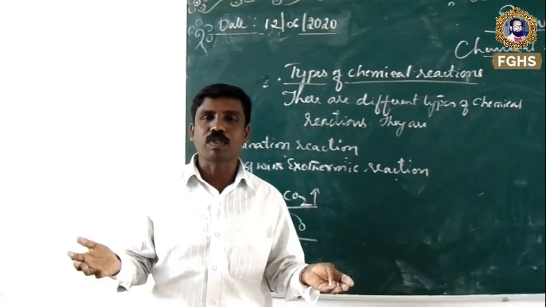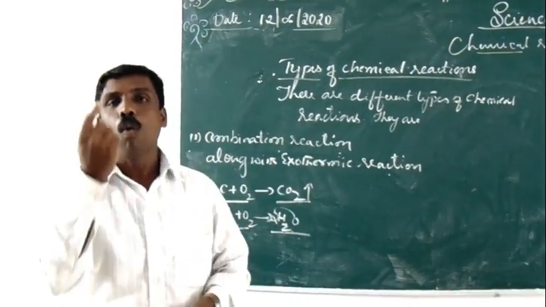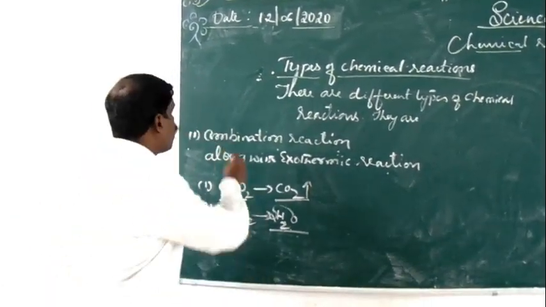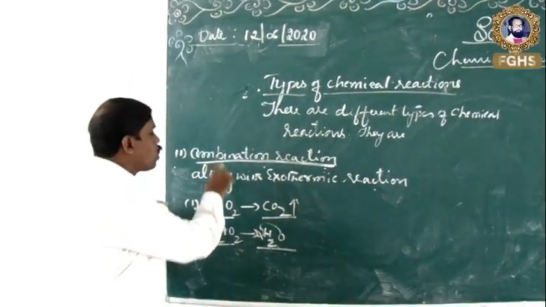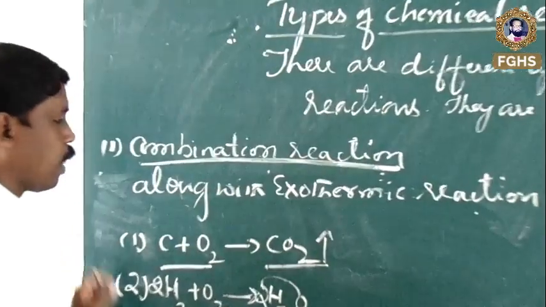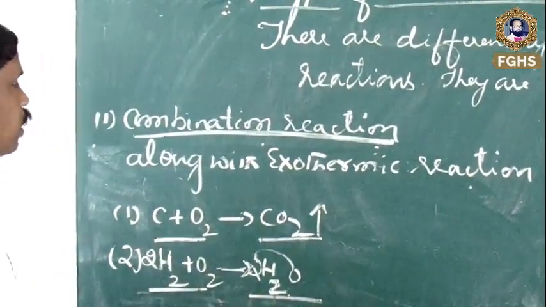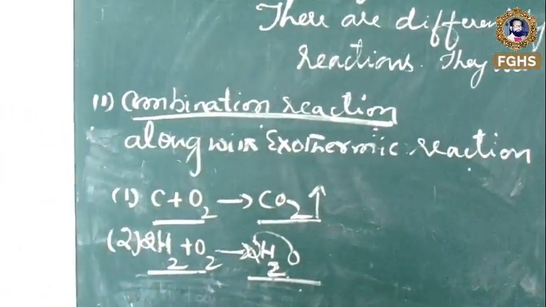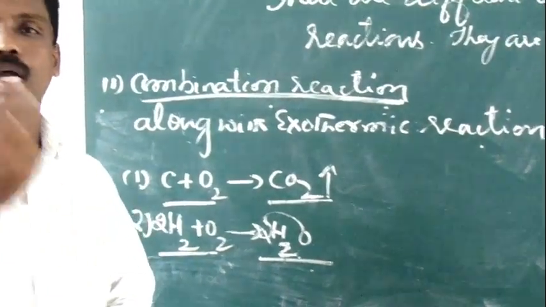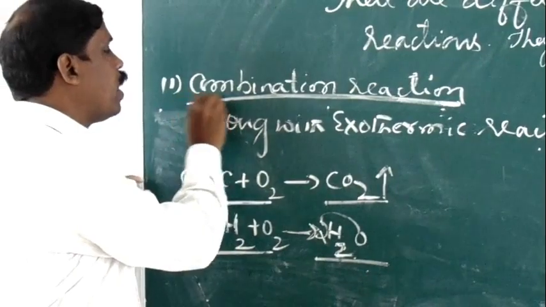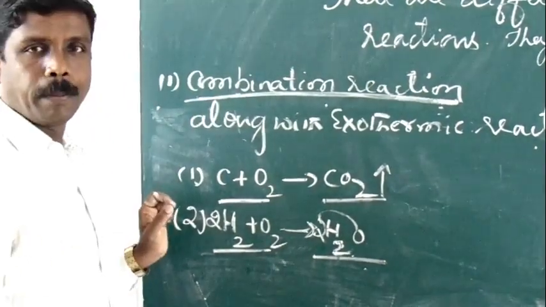When two or more substances are combined to give one product, then it is called a combination reaction. Now you have understood that two or more substances combine together to give one product. This is what we call a combination reaction.